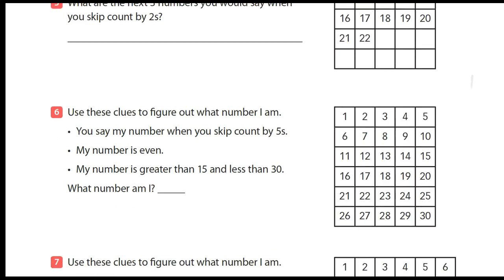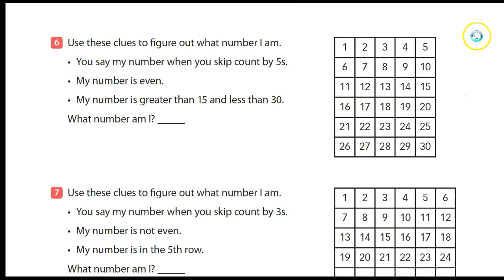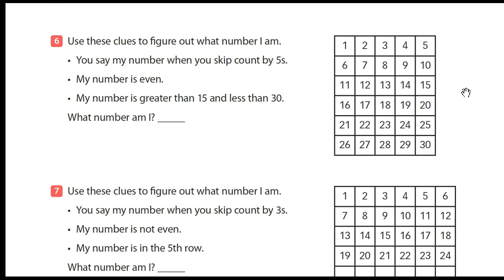All right, let's look at question 6. Use the clues to figure out what number I am. Okay, let's see. My number is even. Okay, if it's even, do I need the 1?